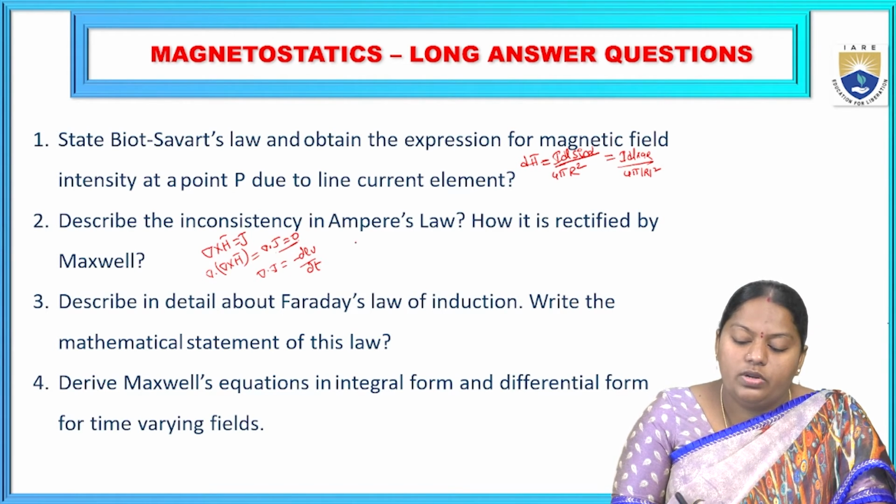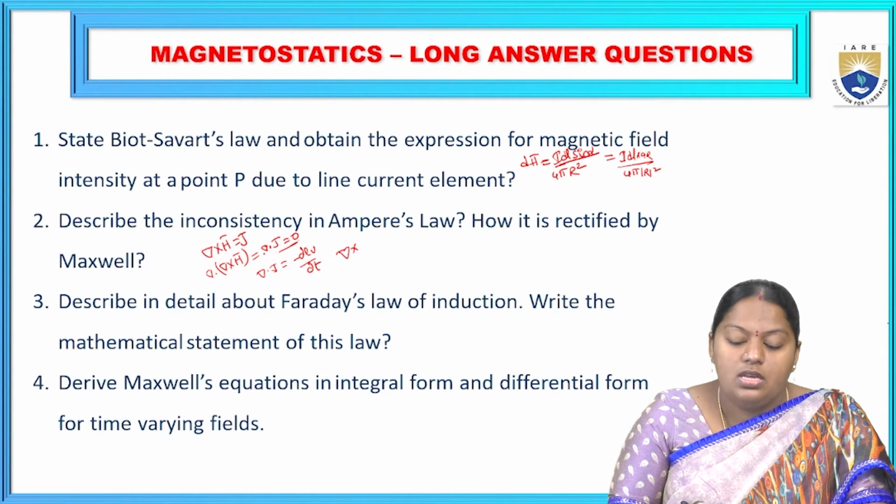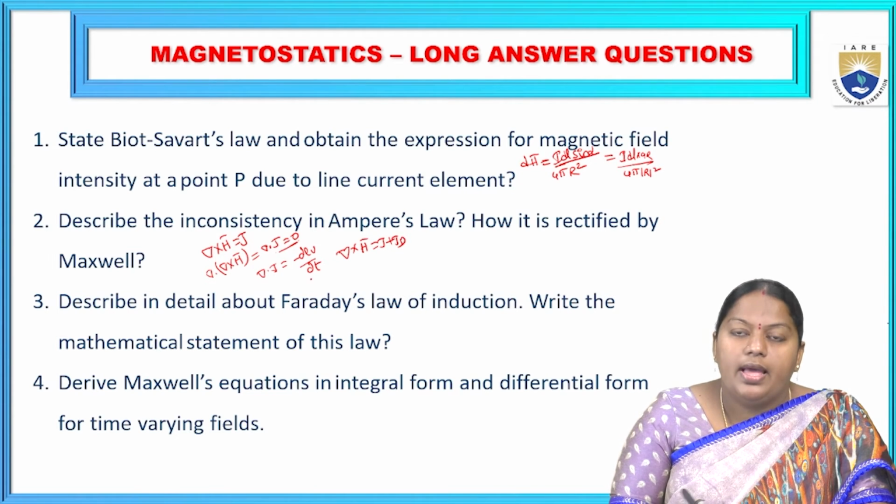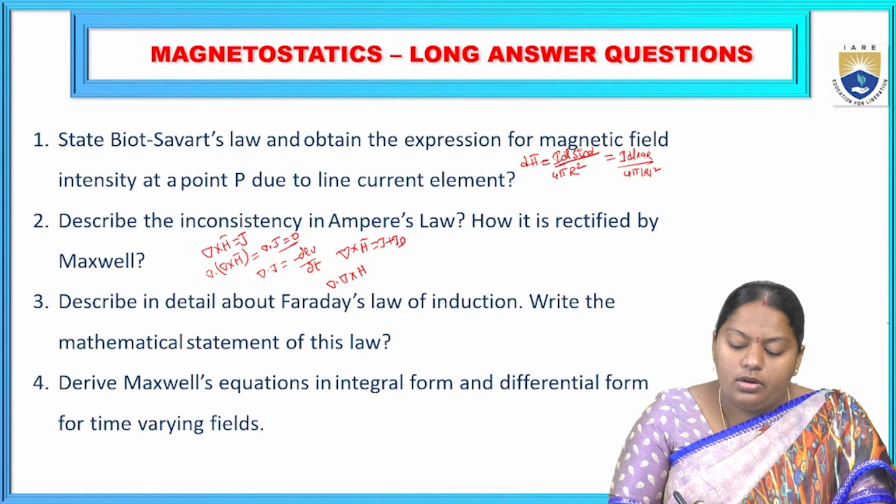To avoid this, we add one extra term to the right-hand side of Ampere's circuit law, that is del cross H bar is equal to J plus JD. By applying divergence, del dot del cross H is equal to del dot J plus del dot JD.